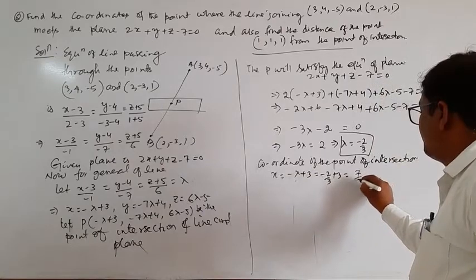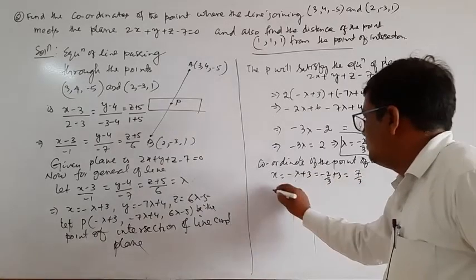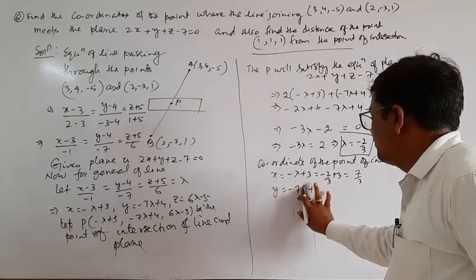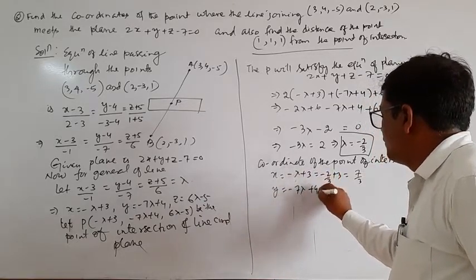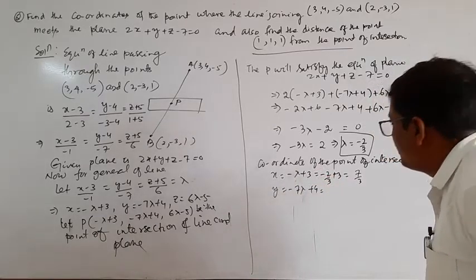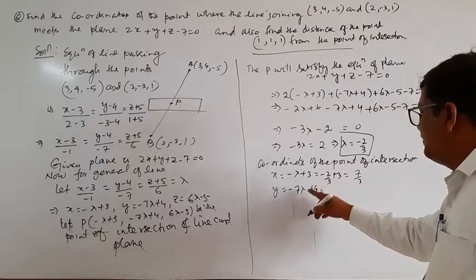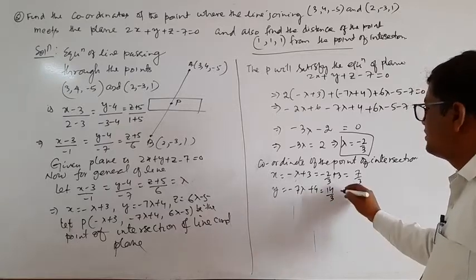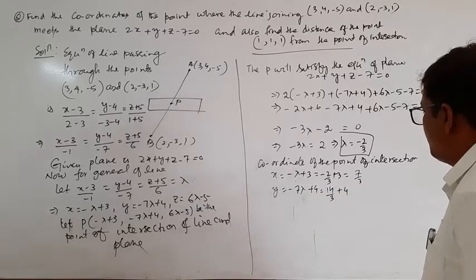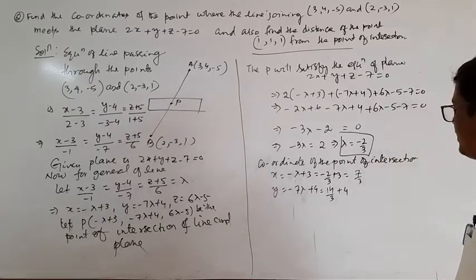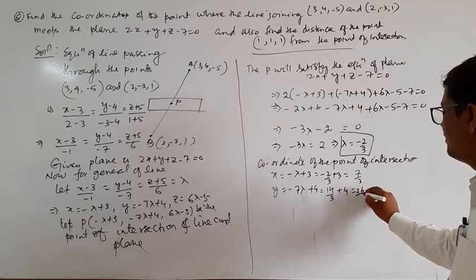7 by 3. Y is equal to minus 7 lambda plus 4. Minus 7 lambda plus 4 is equal to minus 7 into minus 2 by 3, so 14 by 3 plus 4, that is 12 plus 14, which is 26 by 3.